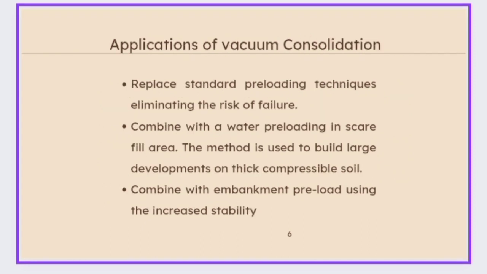The applications are to replace standard preloading techniques. It eliminates the risk of failure. It combines with water preloading in scarce fill areas. This method is used to build large developments on thick compressible soil. It also combines with embankment preload for increased stability.